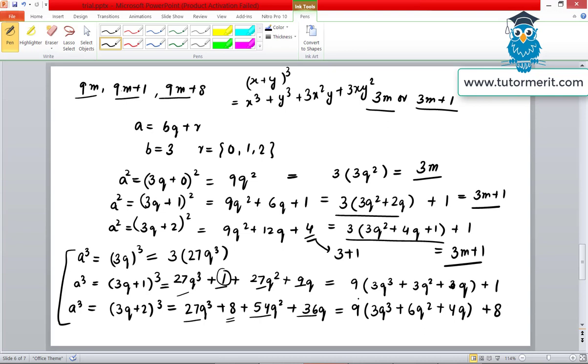So this is of the form 9m plus 1, which we wanted here, and this is of the form 9m plus 8, which we wanted here, and this is of the form 9 times, so I have 9m here. So this should solve your problem.